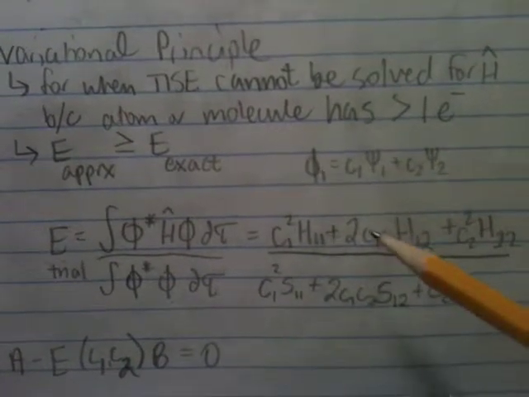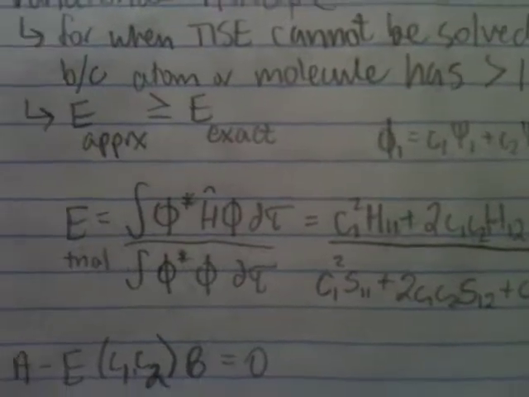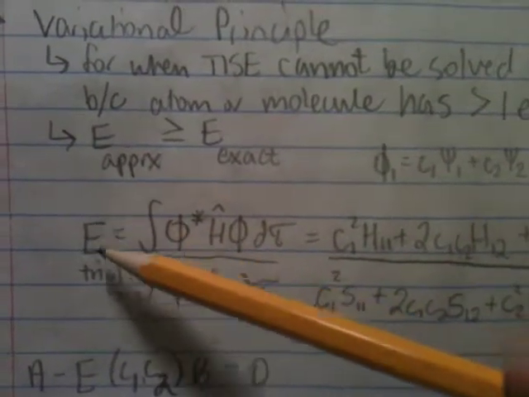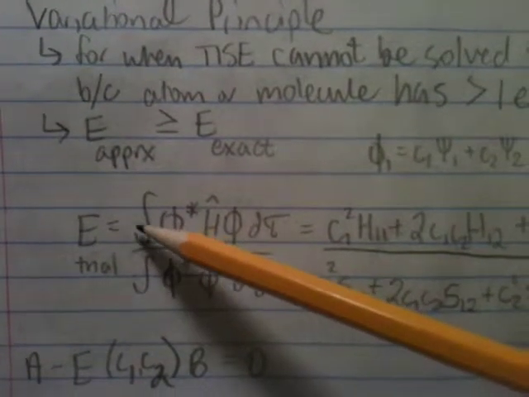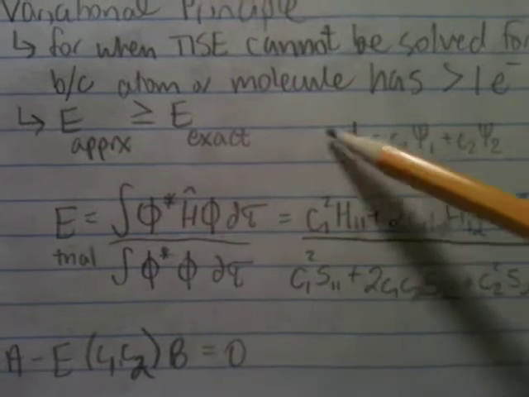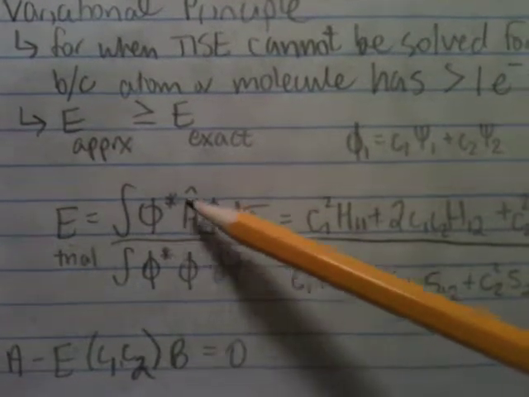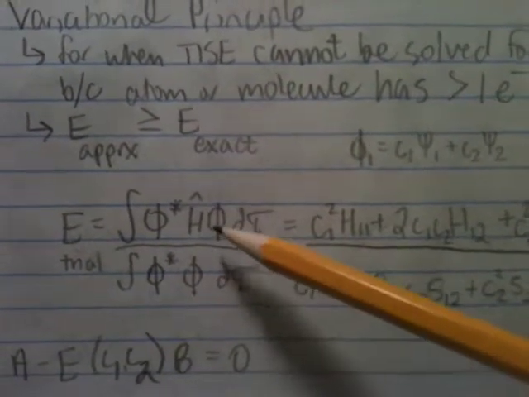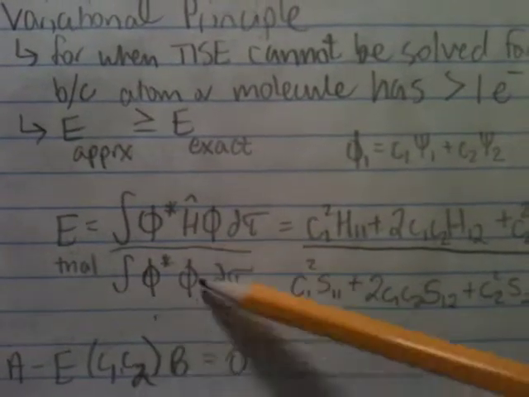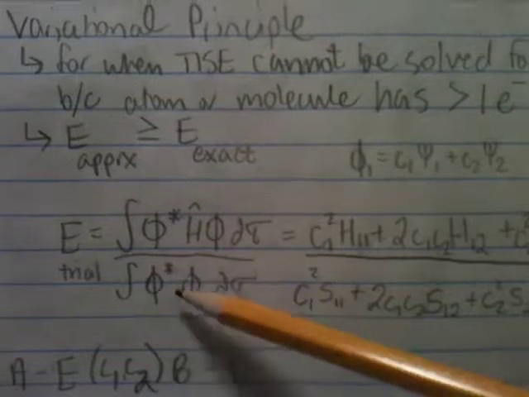Sample wave function: psi is equal to C1 psi 1 plus C2 psi 2. This trial energy is given by the integral of psi star, H operator, psi d tau, over some normalization constant.